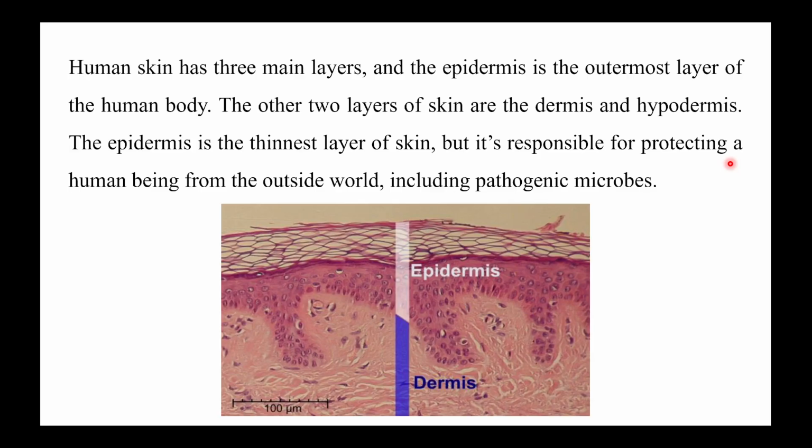Similarly, our body needs protection from the microbes and germs that are around in the air. So for that, epidermis acts like an outer covering for our body which protects us from getting in contact with the outer air or outer atmosphere or the microbes present in the air directly to our organs and directly to our body. Okay, so epidermis acts as the first line of defense basically.